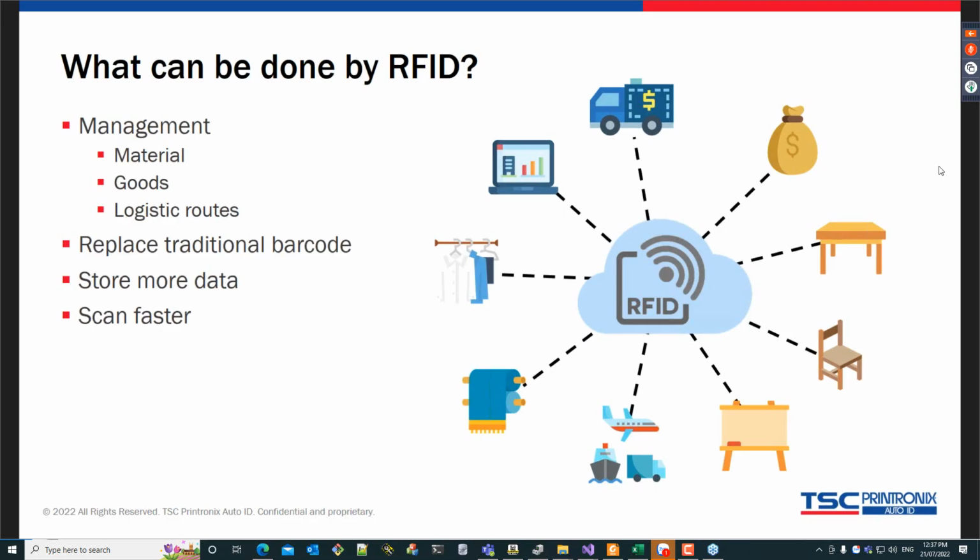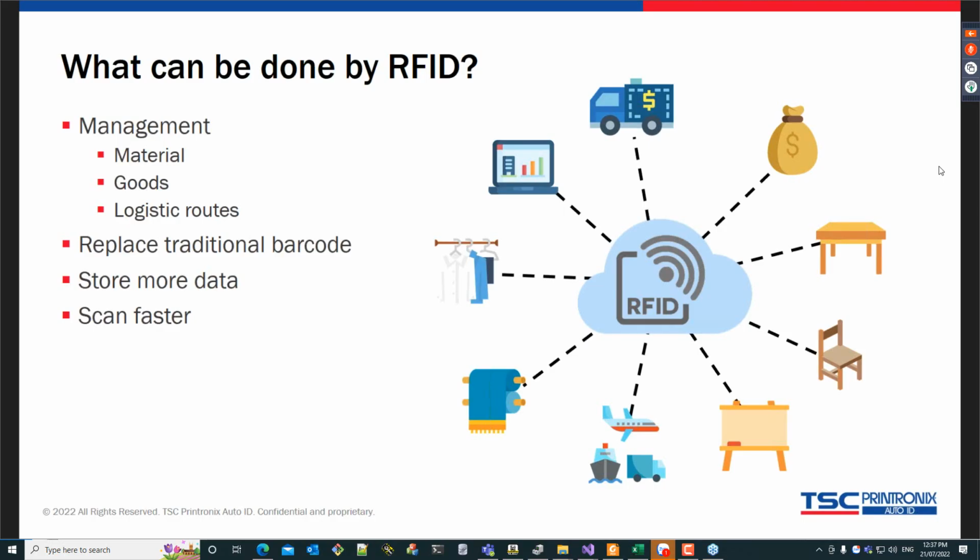For example, we can manage lots of materials or goods, or even if some customer wants to transport their products, we can track their logistic routes by the RFID tags.